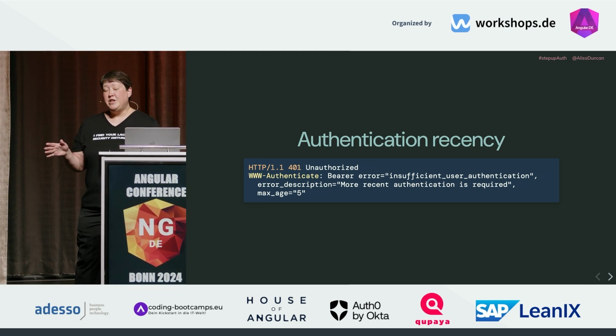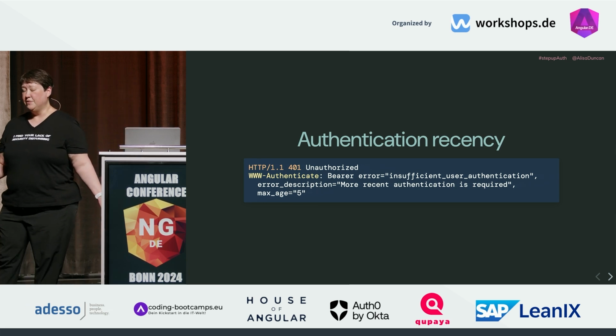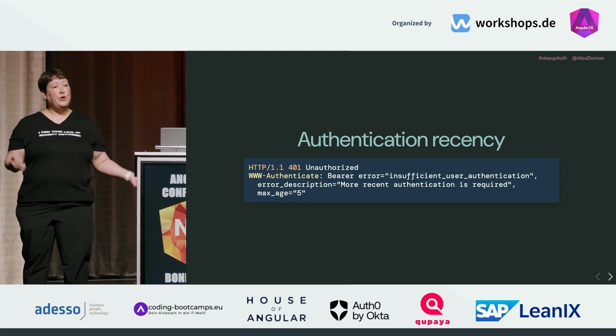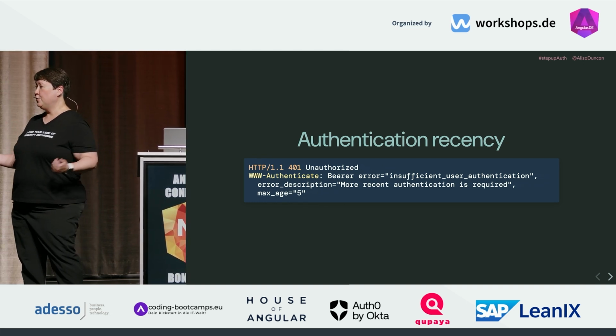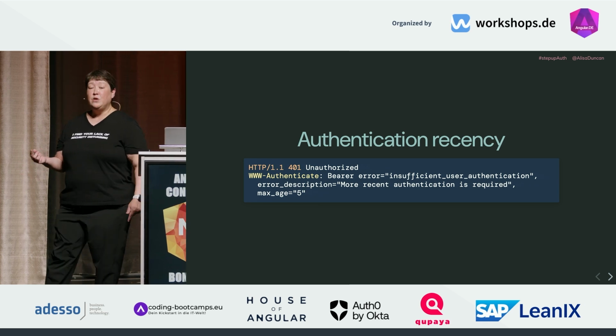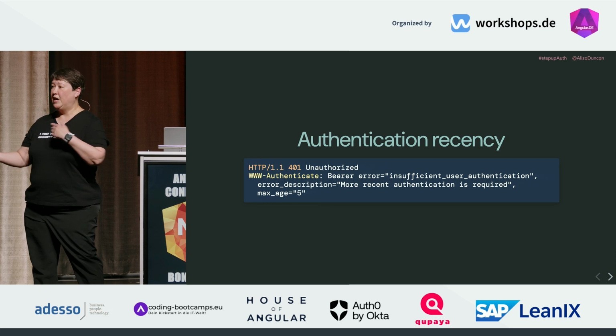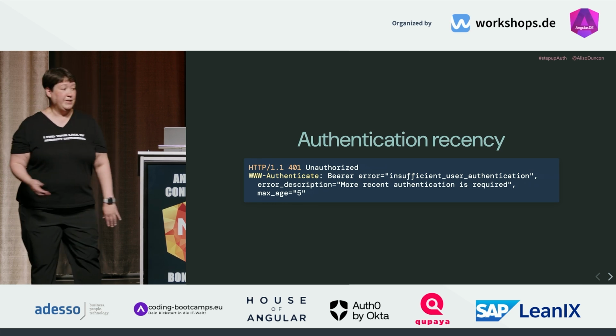The error description changes, though, saying that a more recent authentication is required, and then you're going to get back a max_age of some value. So every place where we used ACR values, replace it with max_age. Any place where we use the ACR claim, replace it with auth_time. And that's how you would do your time calculation to determine if the authentication recency is up to snuff.